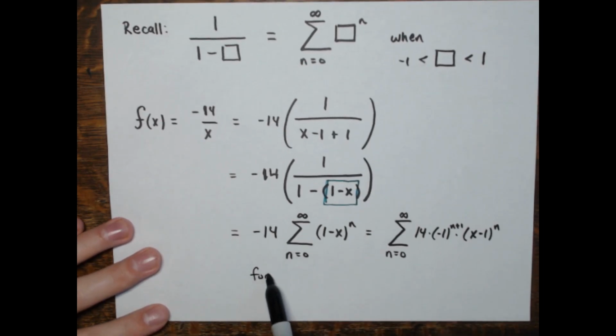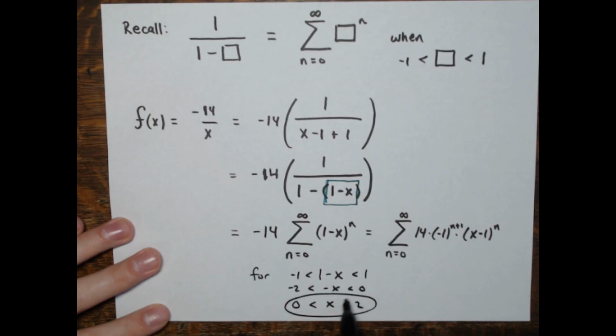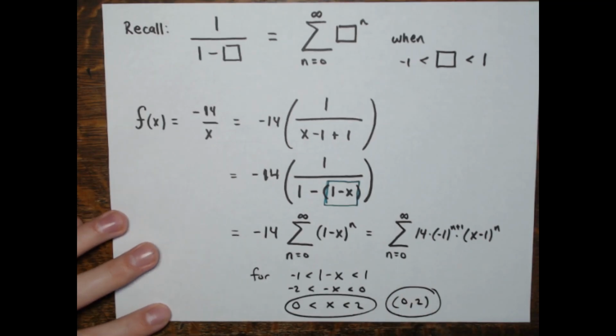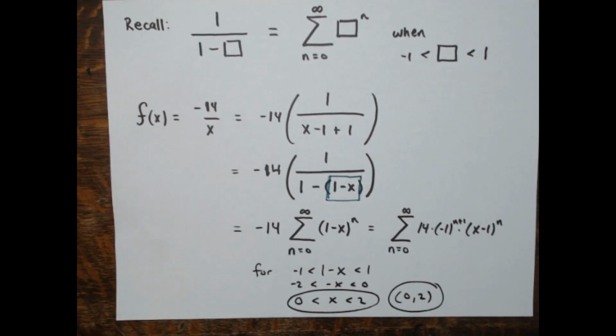But this is only for when the thing in the block, 1 minus x, is between negative 1 and 1. And if you solve for x, subtract 1 from everything, and then multiply everything by -1, that'll flip everything. x has got to be between 0 and 2, right? There's the interval of convergence from 0 to 2. So there's a series centered at 1.